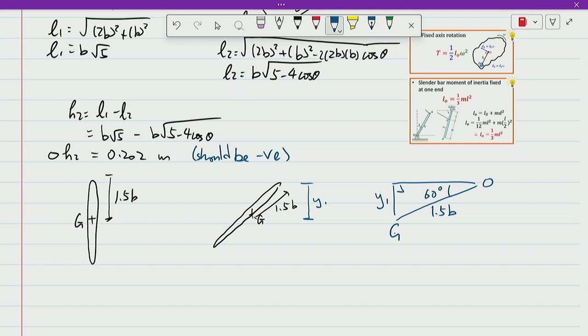This is basically O, that's your G, giving us y1 is equal to 1.5b sine 60 degrees. So delta H1 is equal to 1.5b minus y1. Sub the values in, gives us 0.08 meter. That one should be positive because it's gain altitude, it's gain potential energy. So we're not going to mess with the sign, we're going to keep it as positive.